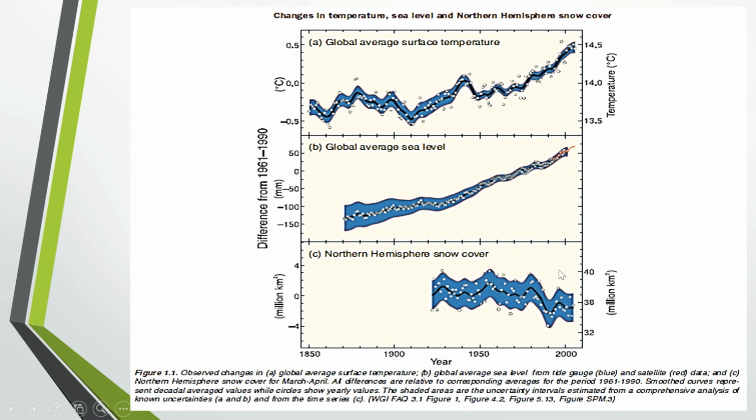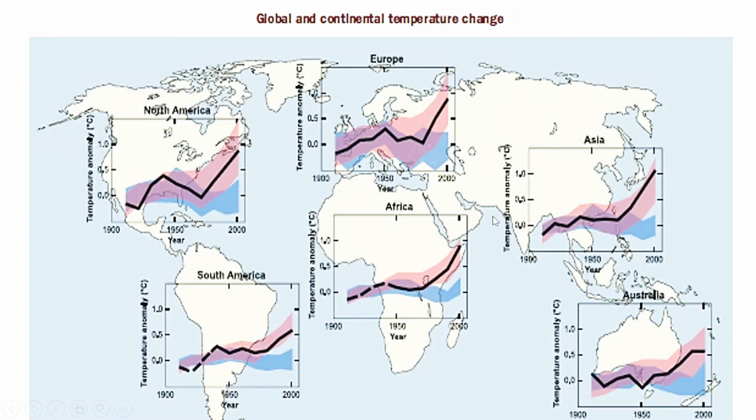This snow melts and converts into parts of sea waters. In terms of continental temperature change, all of them are obviously increasing, whether North America, South America, Europe, Africa, Asia, Australia, all of them increasing in terms of temperature.